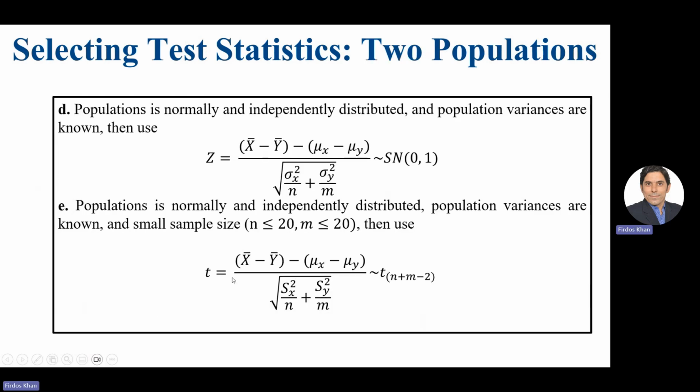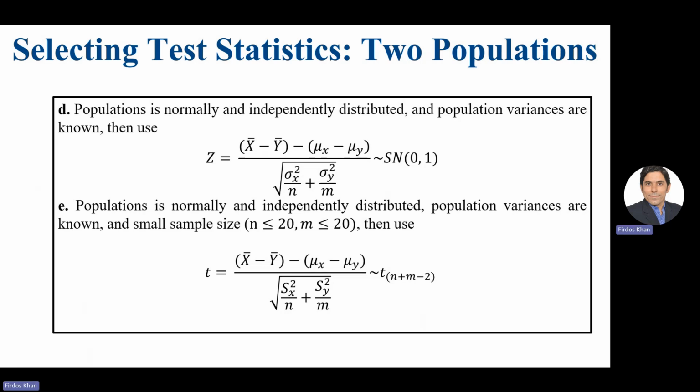Similarly, we can say if n is greater than or equal to 30 and m is greater than or equal to 30, then again you can use the z distribution or t distribution. For the z distribution, you just need to write z here, and because the sample size is large, you can use s square x and s square y instead of sigma square x and sigma square y, because this again approaches normality.